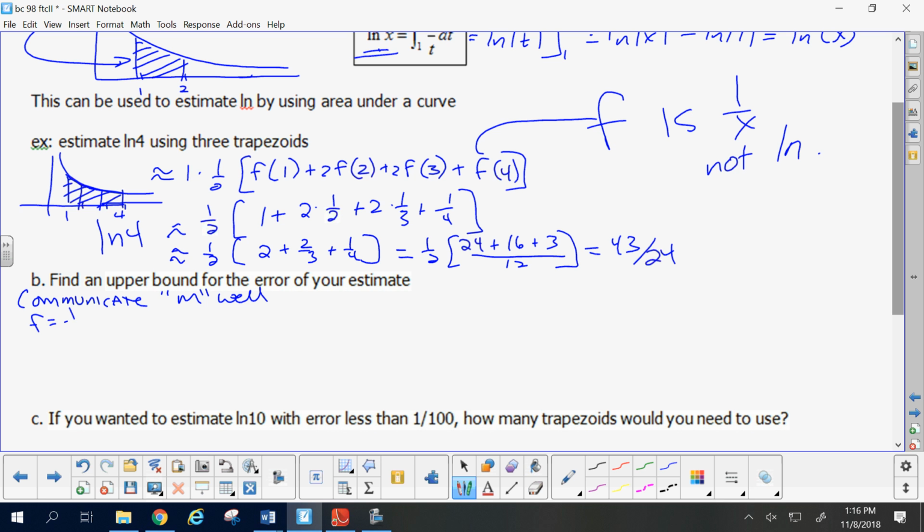First of all, the function is 1 over x, not log. The derivative is negative 1 over x squared, and the second derivative is 2 over x cubed. M is the max of 2 over x cubed on the interval of the integral, so from 1 to 4.